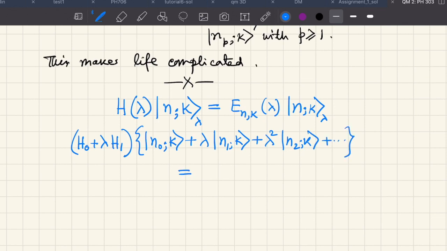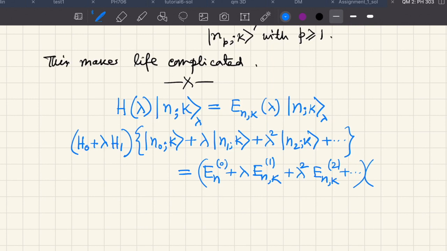This is to be equated with the energy expansion, En0 plus lambda En,k1 plus lambda square En,k2 plus higher order terms, into again the states n0k plus lambda n1k plus lambda square n2k, like this.